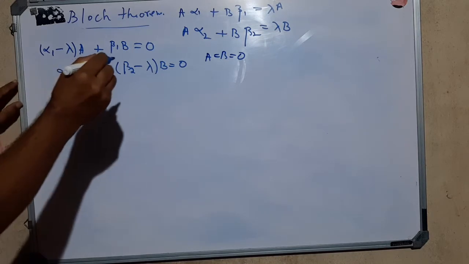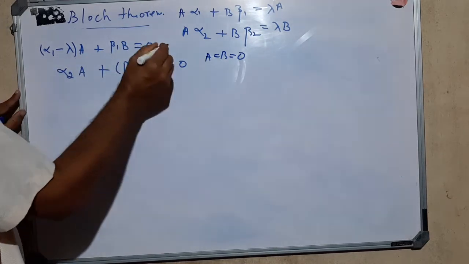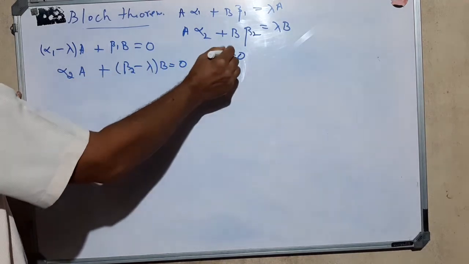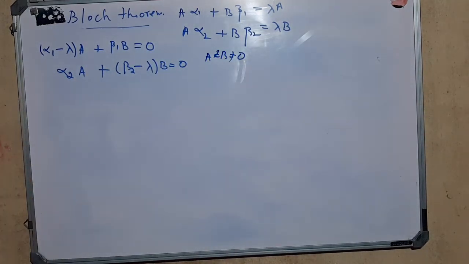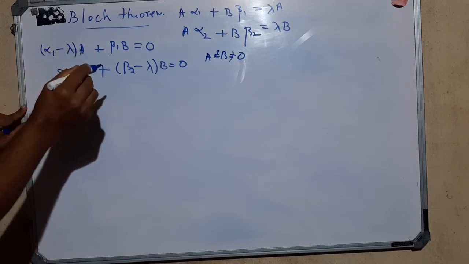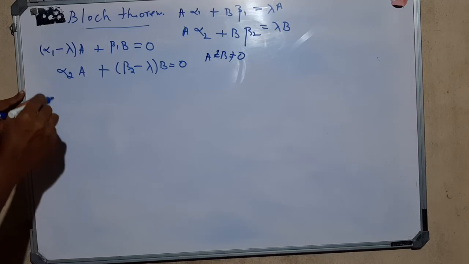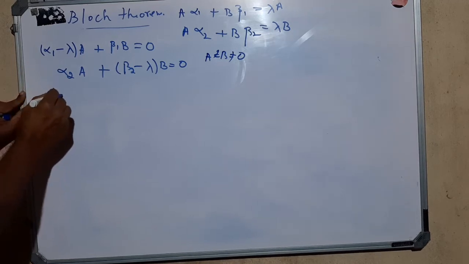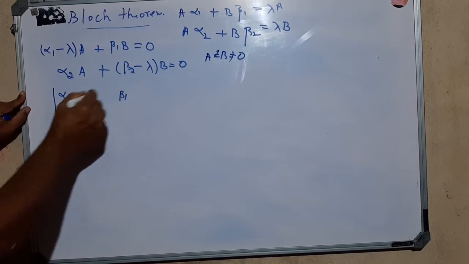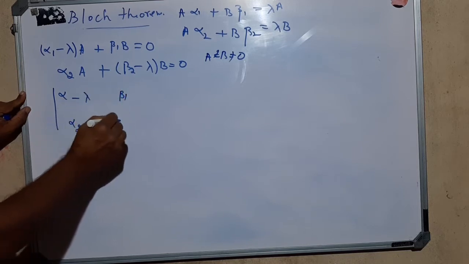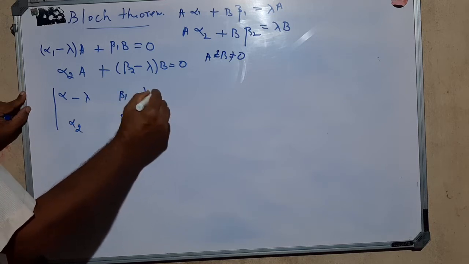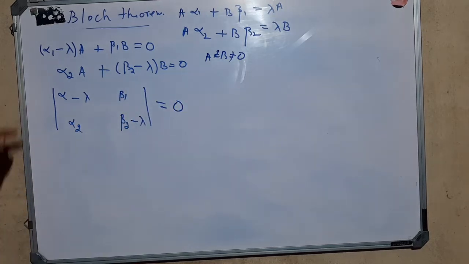The determinant of the coefficients of a and b must be equal to 0. That means alpha 1 minus lambda, beta 1, alpha 2, beta 2 minus lambda, this should be equal to 0.